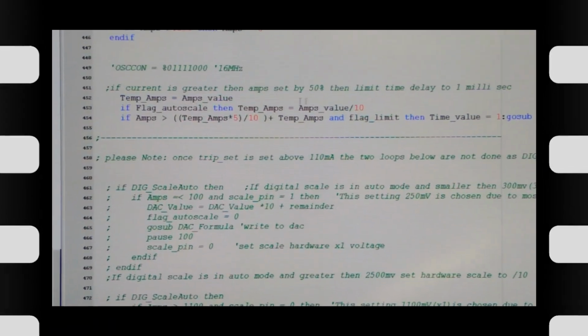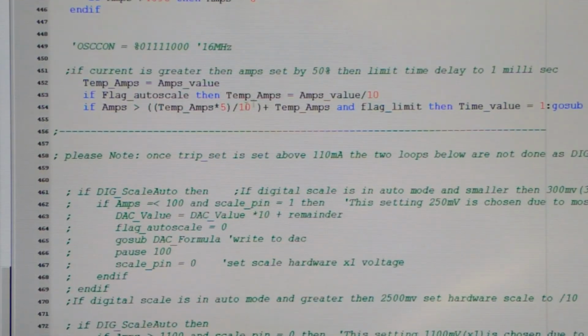Okay, what's this? What I did here, you don't have to put this in actual fact, I might take it off.